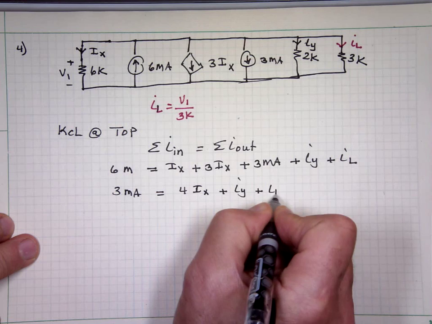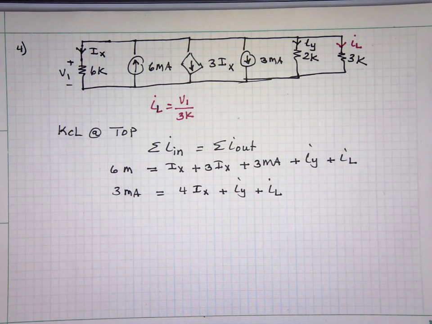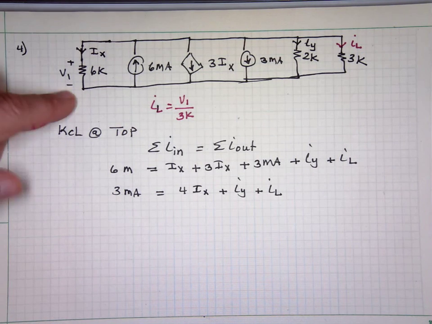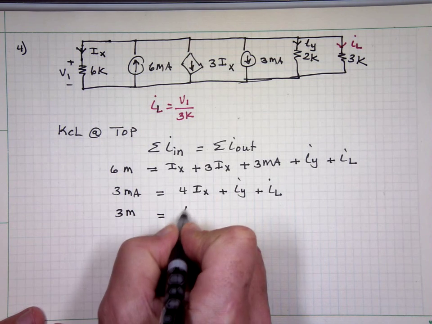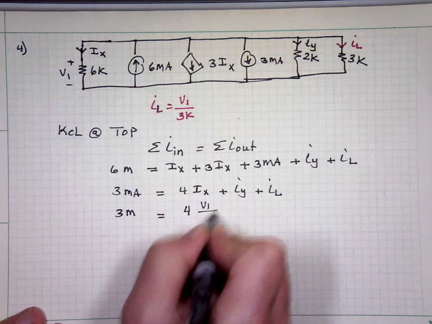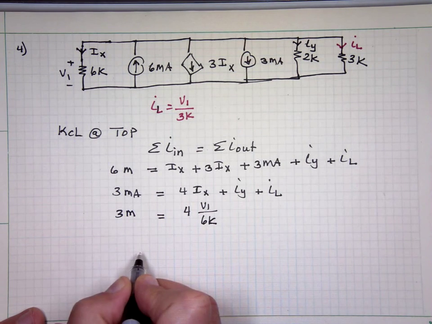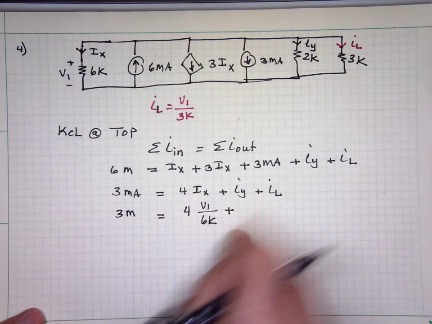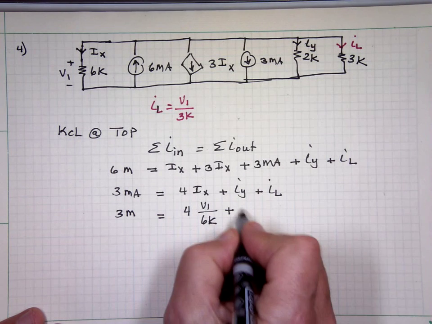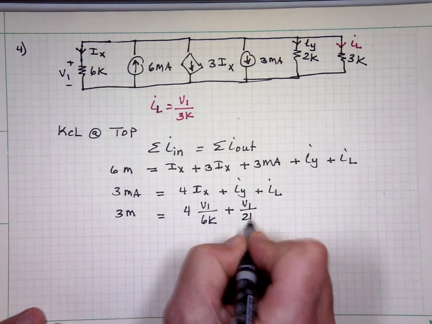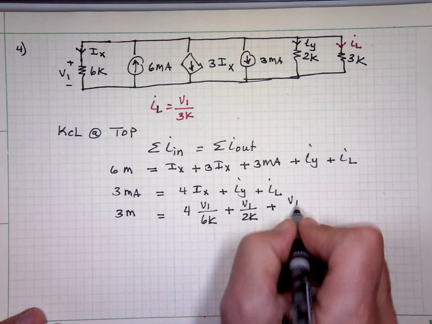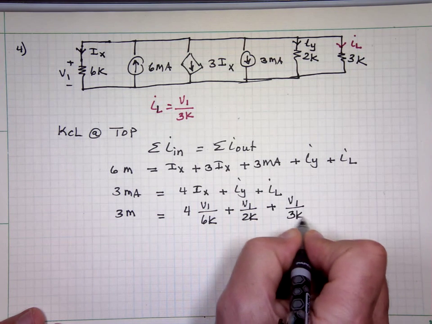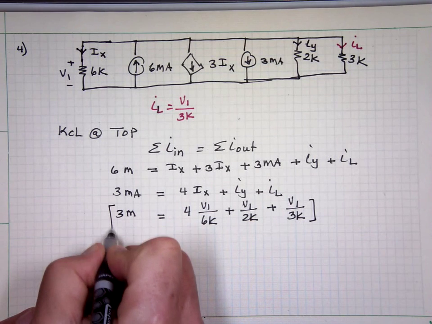And let's write each one in terms of V1. I sub X is V1 over 6K. I sub Y is V1 over 2K. And I sub L is what? V1 over 3K. What's my LCD? 6K.